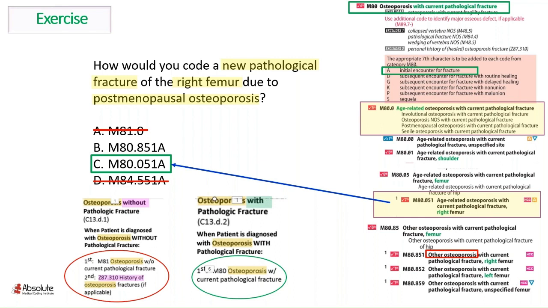It is coding for other osteoporosis, and if you look at the terms mentioned under M80.0, it includes postmenopausal osteoporosis with current pathologic fracture, right? So this is exactly what our scenario is coding for. So you have to pick the correct answer, and that will be M80.051A.